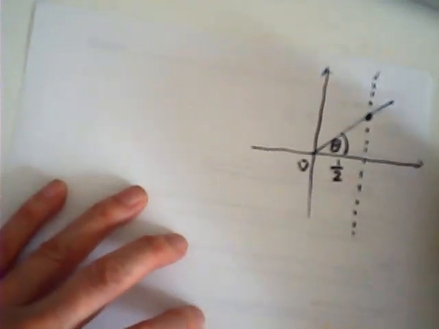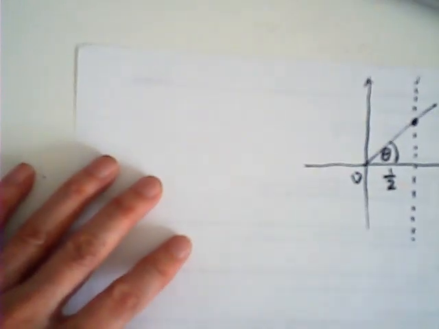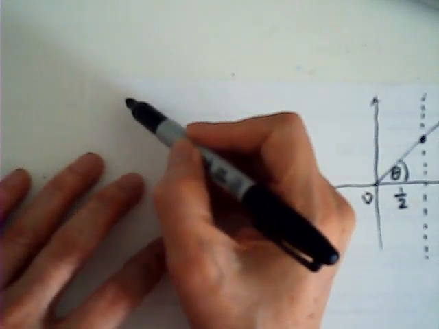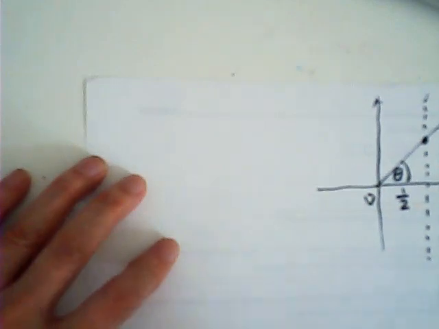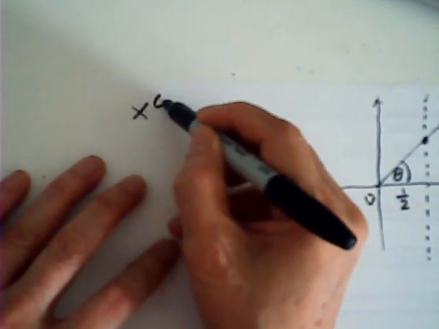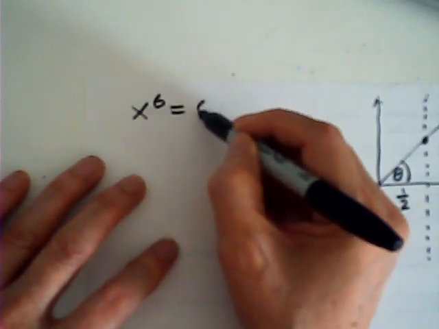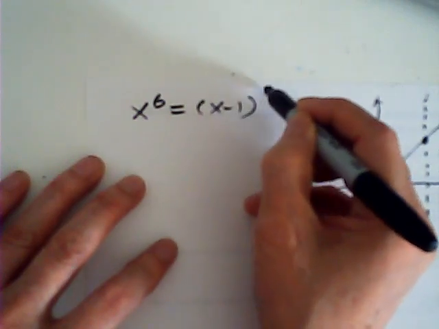Now, how to find theta? Then we have to use our equation from the beginning. That is the equation, right? X minus 1 to the power of 6.